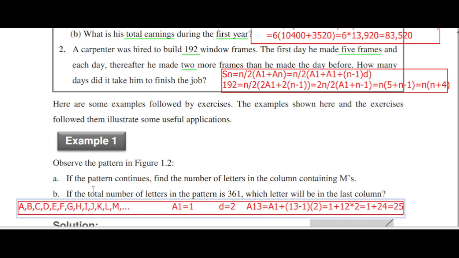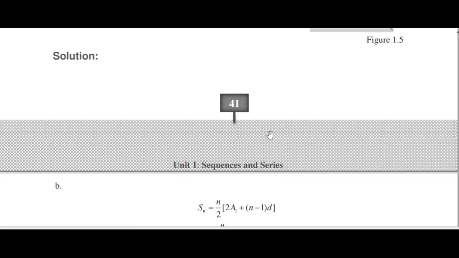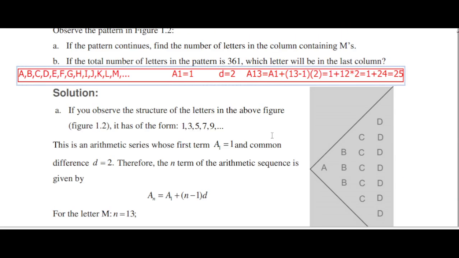Now let's go to question number B. If the total number of letters in the pattern is 361, which letter will be in the last column? Okay, here we have given Sn is equal to 361. Let's calculate it here.